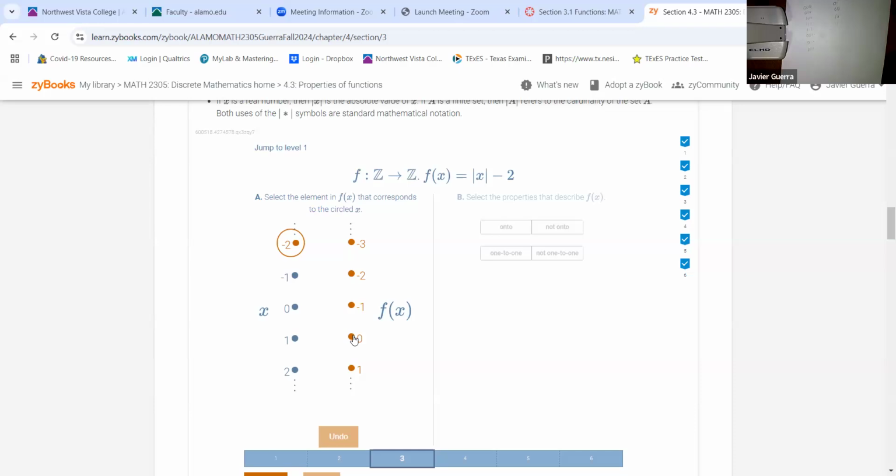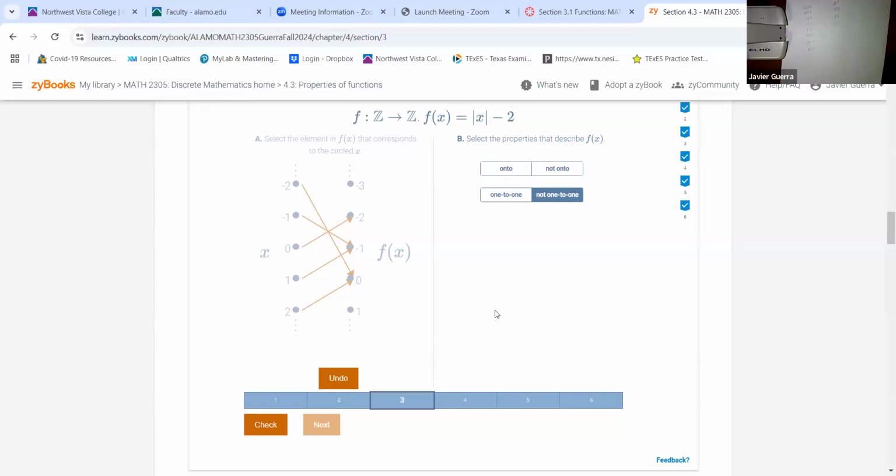-2, that's 0. -1 is -1. 0 is -2. 1 is -1. 2 is 0. It is not 1 to 1. And is it on to? Let's see.